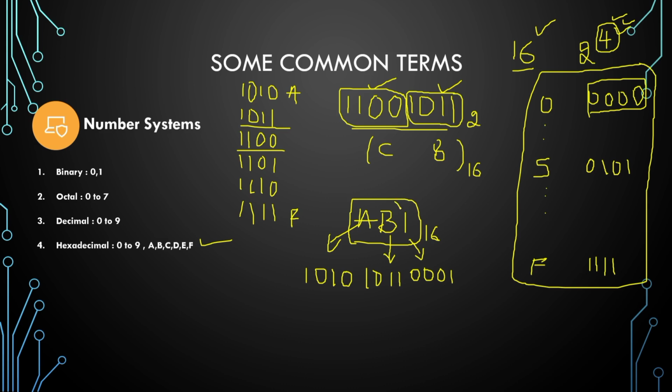So this AB1 in hexadecimal can be represented as 101010110001 in binary.